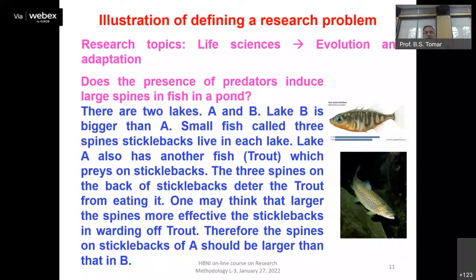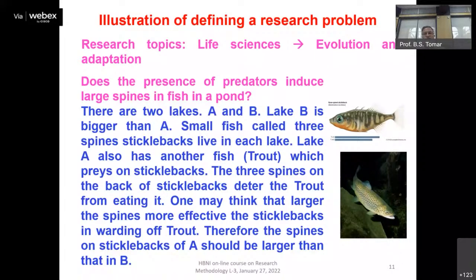So it is a very interesting problem. You can do an experiment now. You can take fish from lake A and lake B and measure the spines of these fish, and later do a statistical analysis, which we will do in the subsequent lectures, to see whether it is statistically bigger or not.